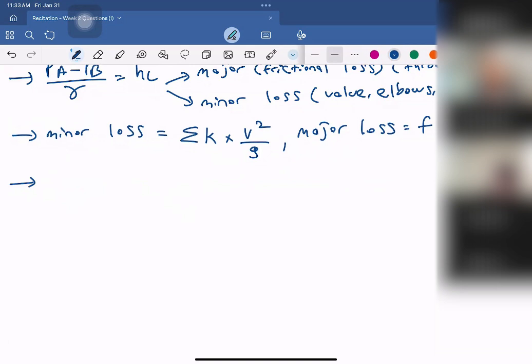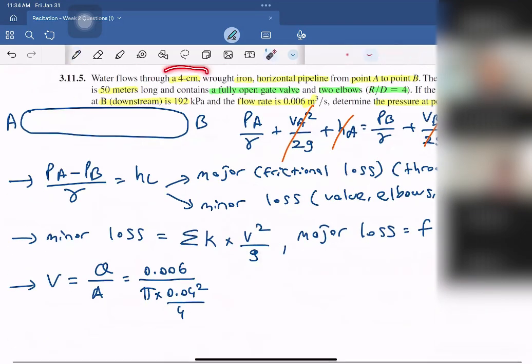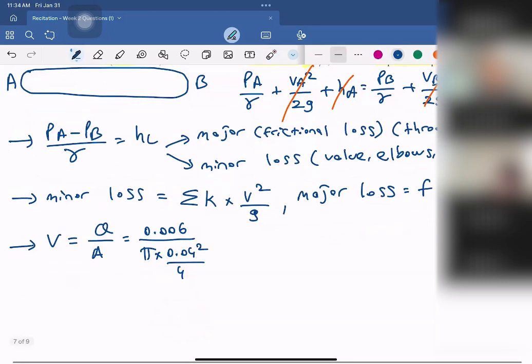Since the flow rate is given, we can calculate velocity as Q over A. You need to be careful about units. It is given as 4 centimeters, but here we use it as meters. From here, we can get velocity as 4.77 meters per second.